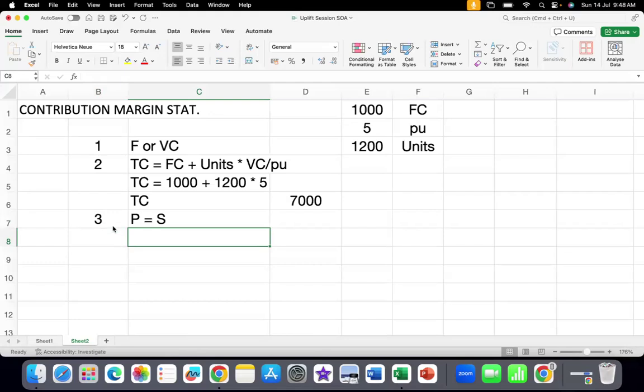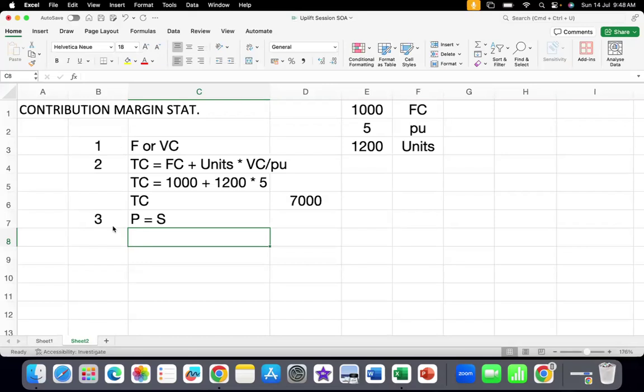Almost 99.99% of the time, this assumption basically fails, because not even in a single company is it happening this way, where whatever you produce is getting sold. So there is a closing stock. There is a chance that you produce less and the demand is more, or you produce more and the demand is less. So it is always changing.